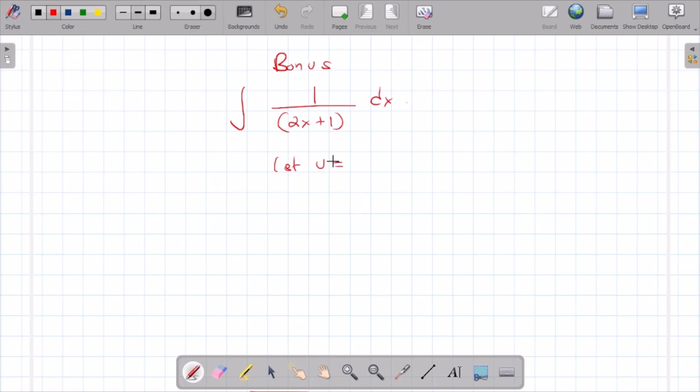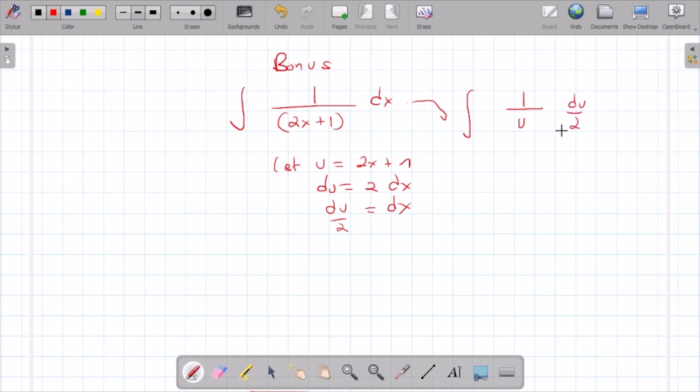All right, so here we will have to say let u be equal to 2x plus 1. So we know that du is going to be equal to 2 dx. So du over 2 is going to be equal to dx. If I change here, this is going to be the integral of, now 2x plus 1 is u, and our dx is du divided by 2.